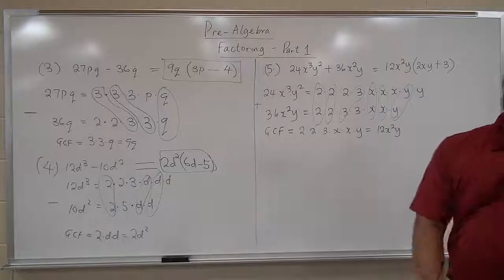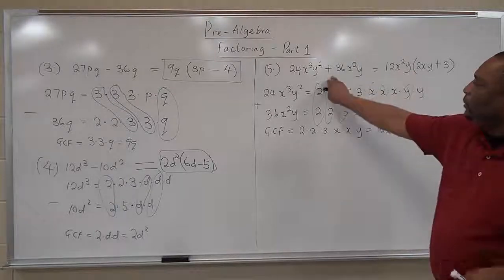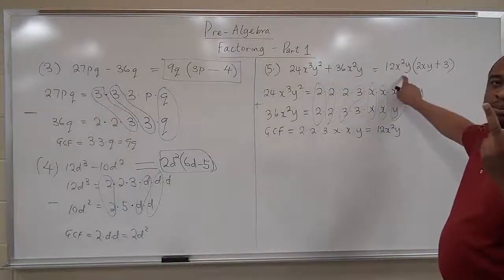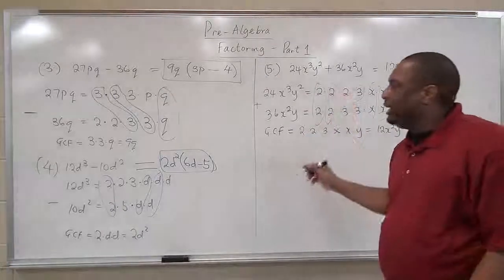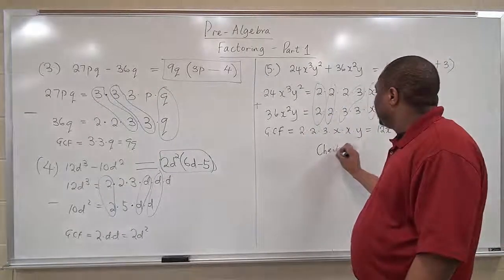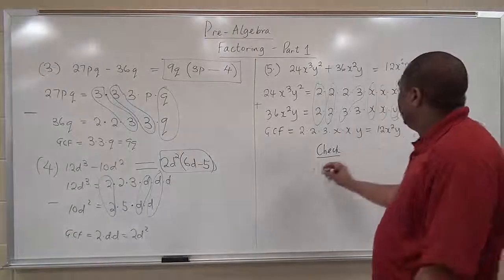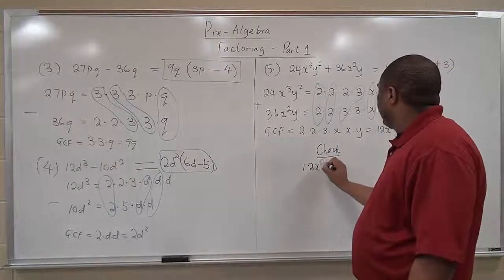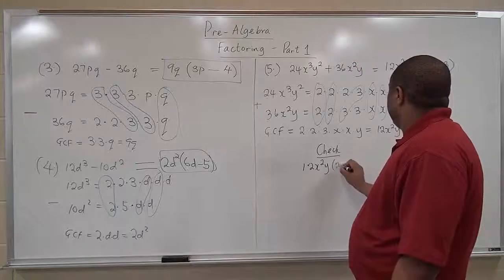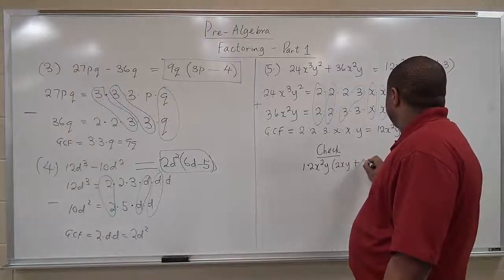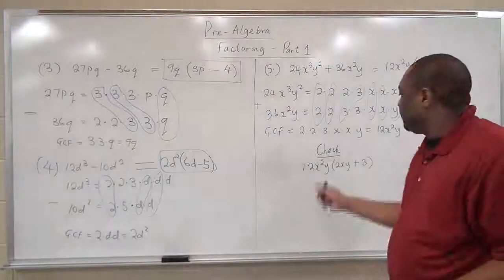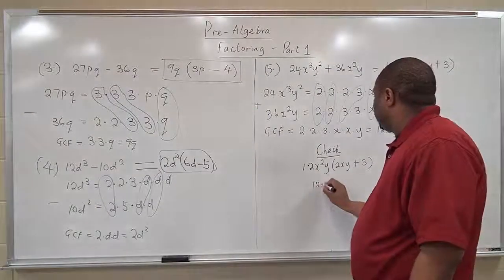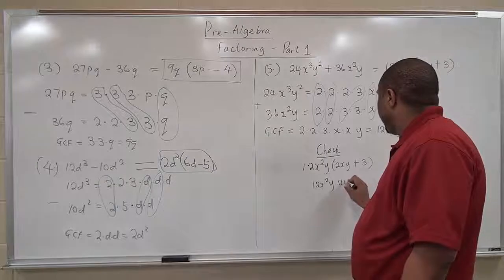And look at the nice thing here. We've split this binomial into a monomial and a binomial. Look at the nice thing here, which I didn't mention earlier. If you want to check it, you do 12x squared y times 2xy plus 3. This will be 12x squared y times 2xy.